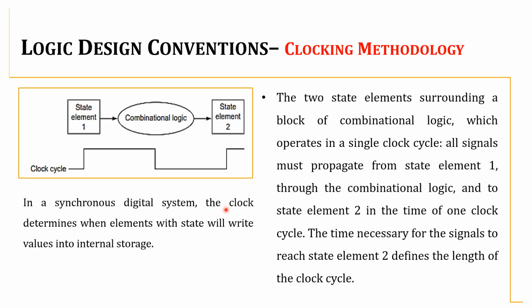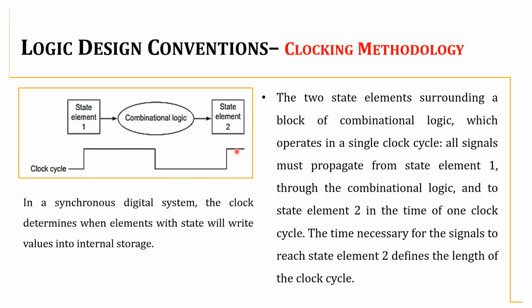If a clock signal is used by the logic element, then it is called a synchronous system. In a synchronous system, the clock determines when elements with state will write values into the internal storage. In this given figure, the two state elements surround a block of combinational logic which operates in a single clock cycle.